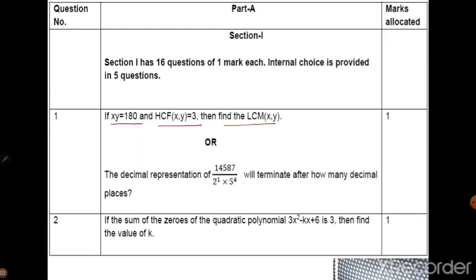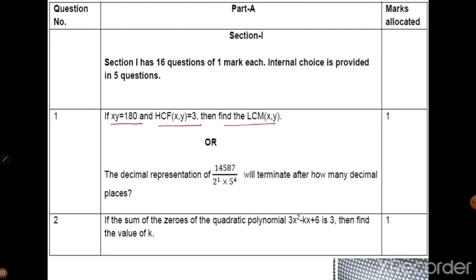There is an OR option, so you can choose any one which you know better. The decimal representation of this number will terminate after how many decimal places? So in this, you have to find after how many decimal places the decimal representation will terminate.